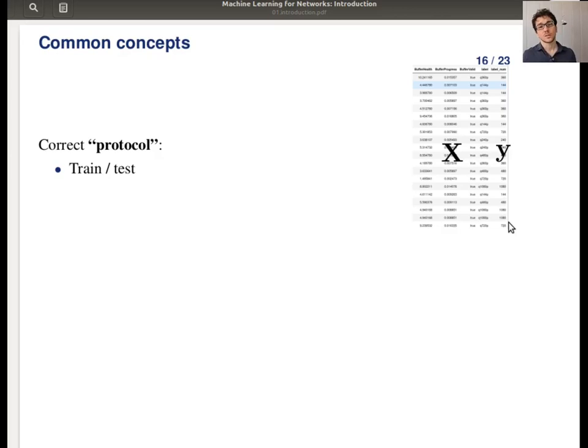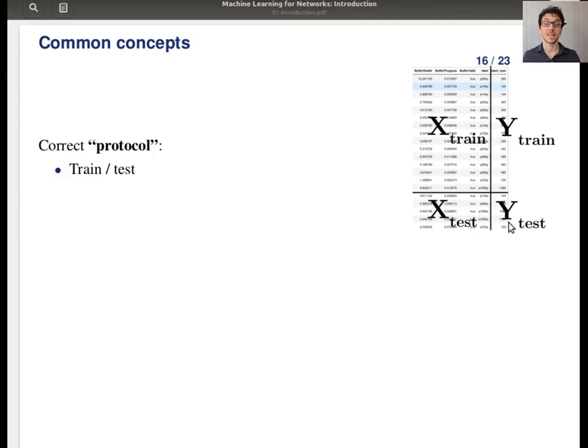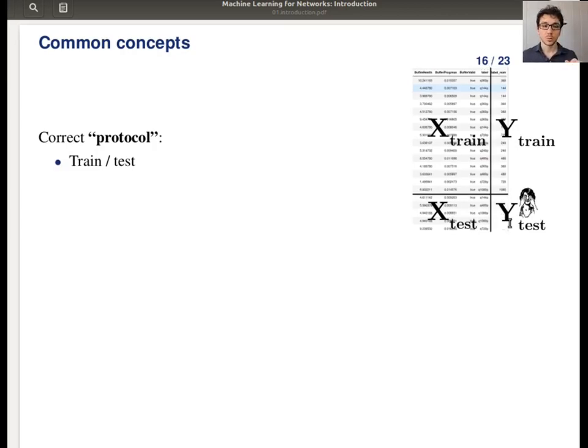Along the entire course, there will be few concepts that are of central importance and that I will repeat, you will encounter over and over again. The first one is to treat properly your data, so to use the correct protocol. And whenever you're given a data set, the first thing you should do is to divide it into parts, the training set and the test sets, and work to improve on your model entirely on the training set.